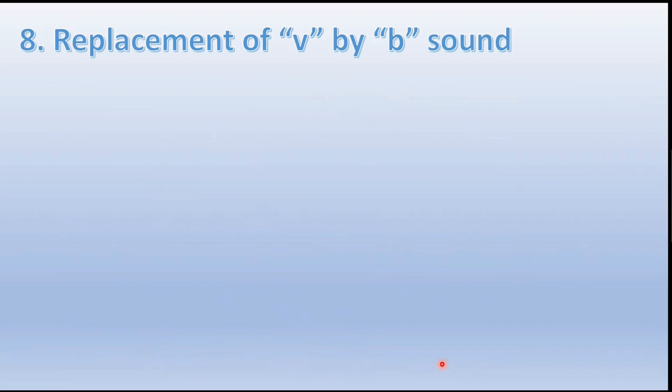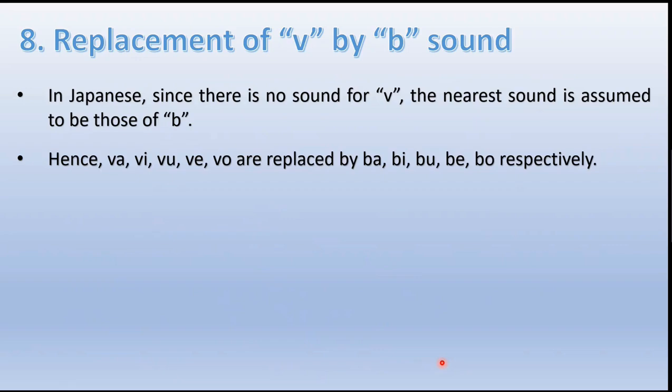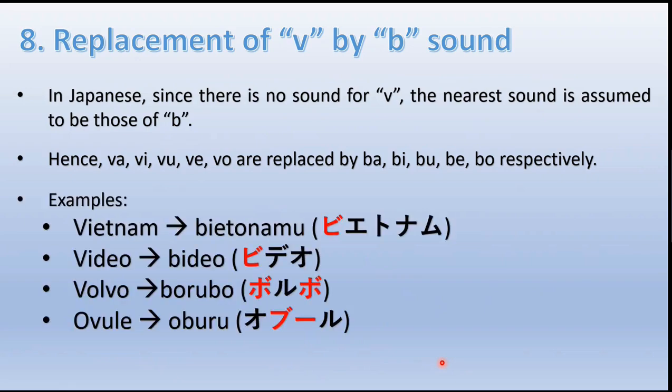The next rule is replacement of V by B sound. In Japanese, since there is no sound for V and also for bh sound, the nearest sound is assumed to be that of the B sound. Hence, va, vi, vu, ve, vo, or bha, bhi, bhu, bhe, bho are replaced by ba, bi, bu, be, bo sounds in Japanese.